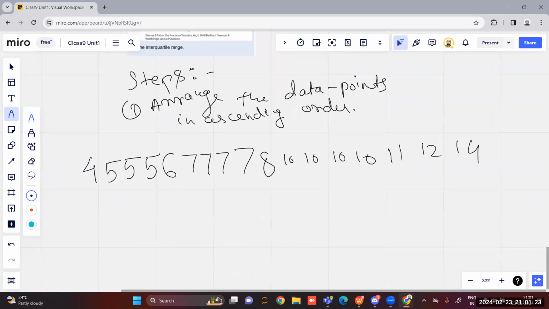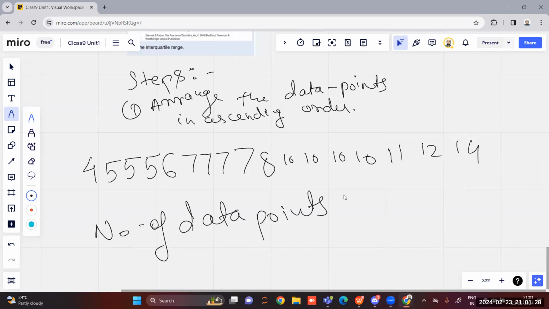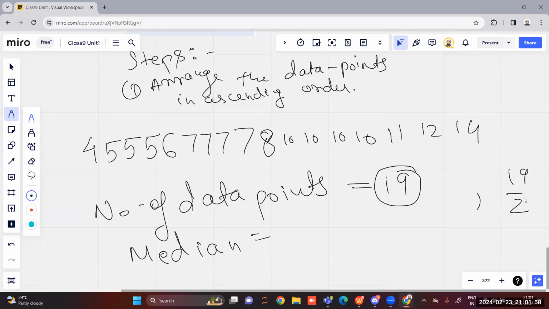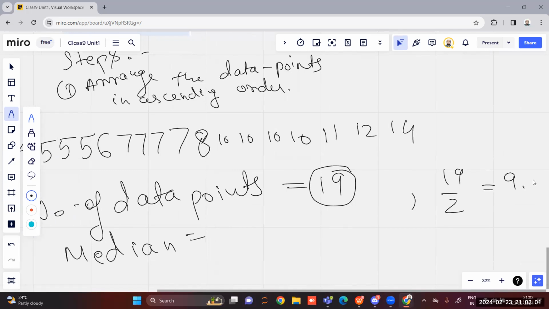So can you tell me how many data points there are? 19. Okay. So first of all, we'll solve by both methods: the formula that I have told and the definition that the AP statistics textbook gave us. First find the median. 19 are there, so what is half of 19? 9.5.